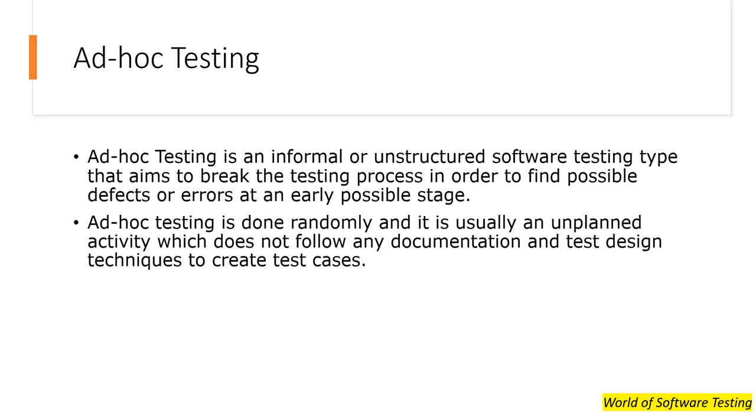Hence it sometimes becomes very difficult to reproduce the defect as there are no test steps or requirements mapped to it. So we are not able to reproduce it whenever we find a defect in ad hoc testing, and it becomes very difficult to assess the issue.